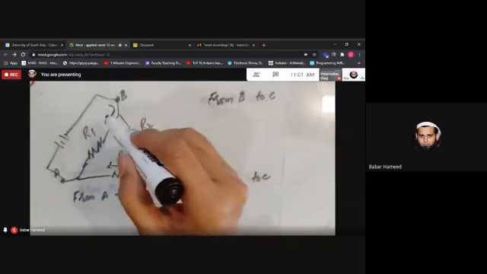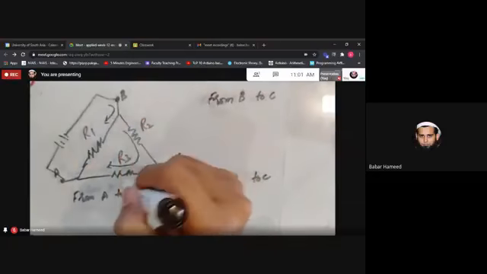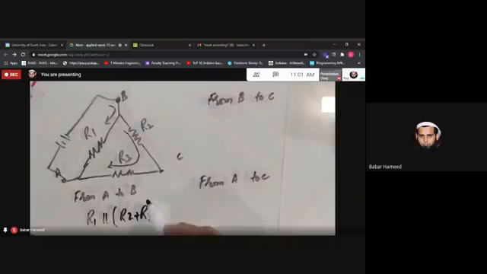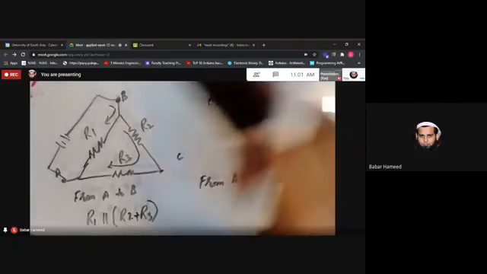One path is for R1, the other path is from R2 to R3. So I will say that R1 is in parallel with the series combination of R2 and R3. Hope you understand that.